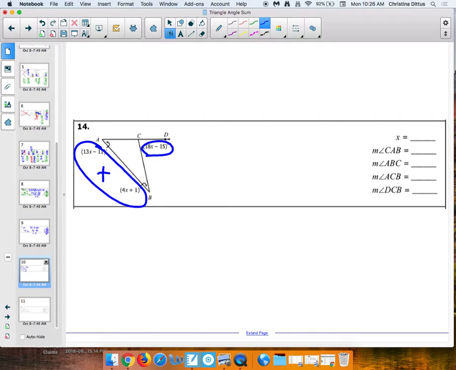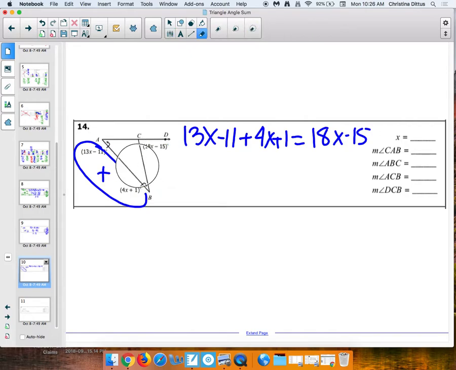Yes, good. And it's equal to my outside one. So if I add these two, 13x minus 11 plus 4x plus 1, it is equal to my outside angle, 18x minus 15.